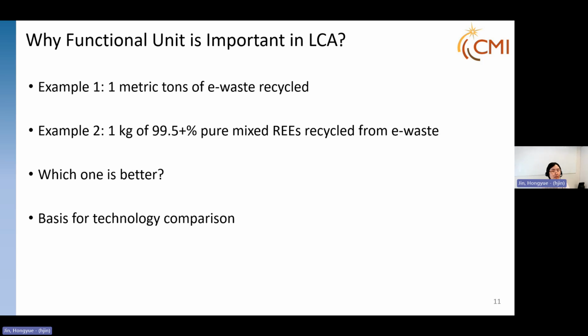For example, example 1 doesn't show the process efficiency. Some technologies may take 1 metric ton of e-waste to recycle 20 kilograms of rare earth. Other technology may recycle the same amount of e-waste but recover double of that rare earth. Then the first example does not show the difference in the technology performance.